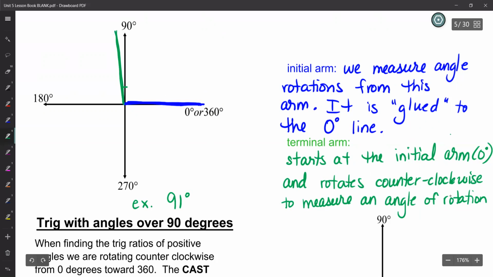And this angle inside here that I've rotated should be 91 degrees. Okay, so that's what 91 degrees will look like, the rotation from 0 around to that rotation. Of course, this is just an approximation. This isn't perfect. But yeah, 91 is going to be just past 90.